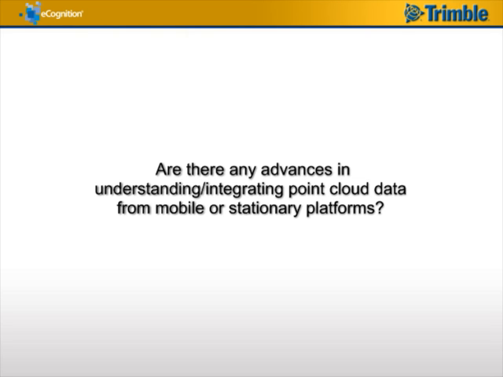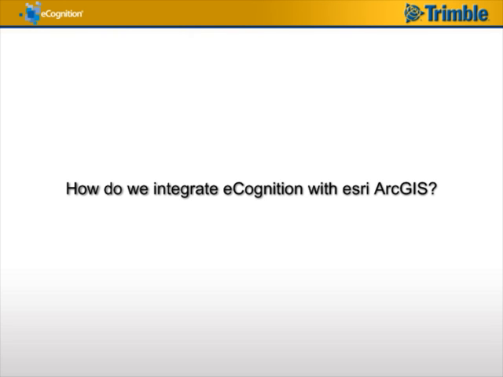One question is coming in: how do we integrate Esri and ArcGIS? The quick answer to that is on a file basis. Most of our users are exporting the eCognition results into ArcGIS, so exporting shapefiles. That's the easy approach.